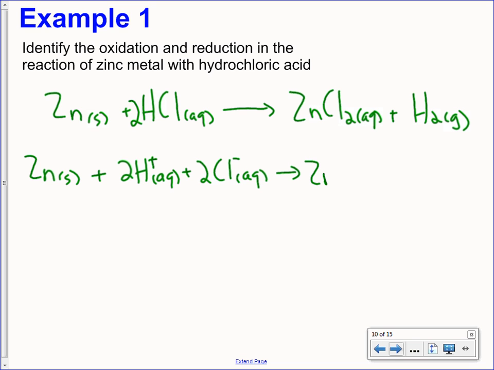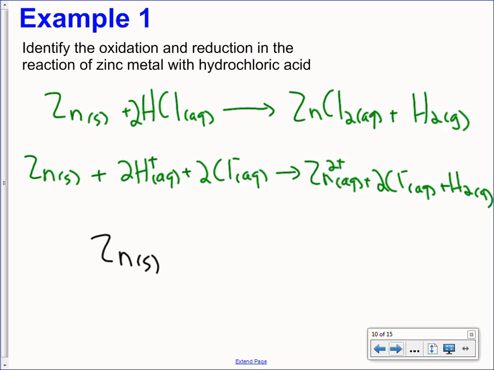This will produce zinc chloride, which will dissociate into zinc 2+ ions and 2 chloride ions. And we have our hydrogen gas being produced. So we'll remove our spectator ions to come up with the net ionic equation.